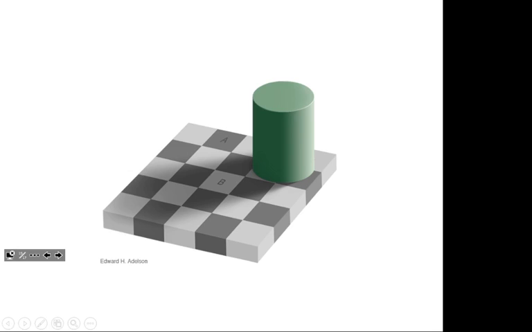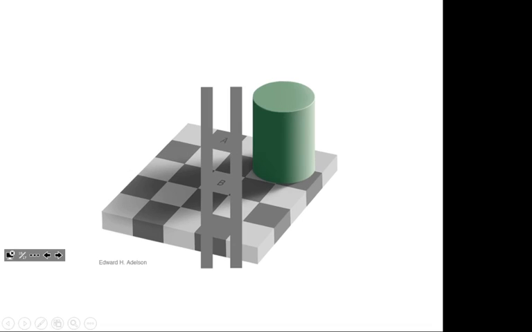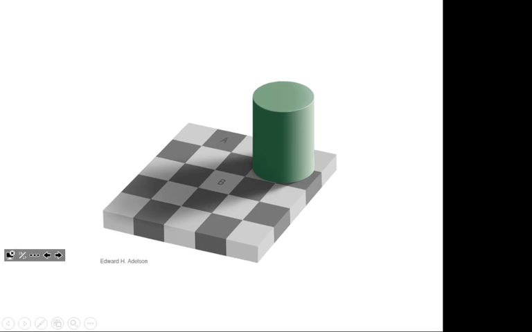All right, this is my favorite. This is my absolute favorite one. Which square is lighter? They're the same color. Watch this. What? They're the same color. A and B. Oh, A and B. A square, B square.